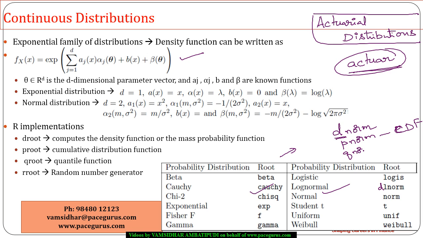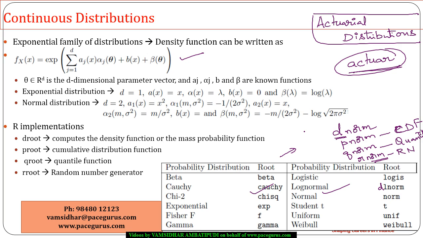If I put a prefix q, it is associated with the quantile, and when I put r, it is more associated with the generation of a random number following this particular distribution. So we can very well experiment with different kinds of distributions, right?